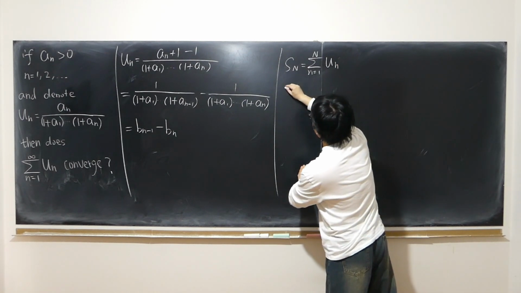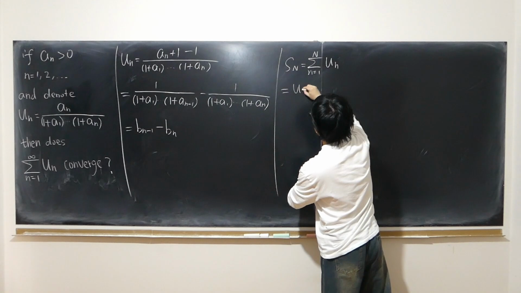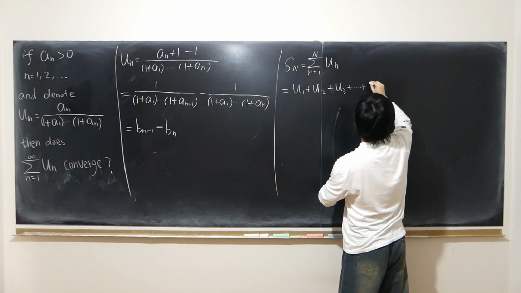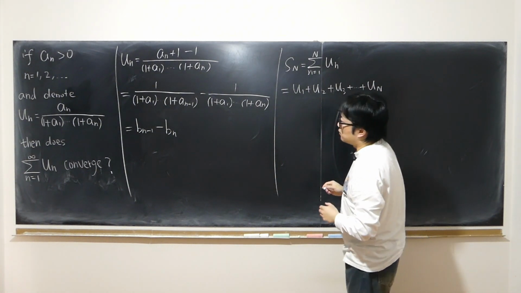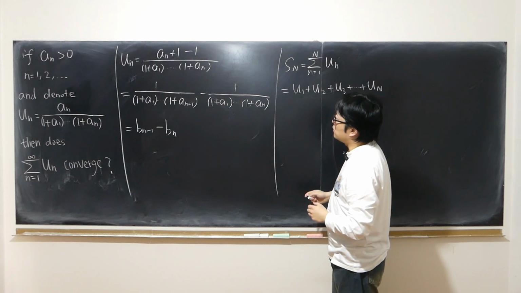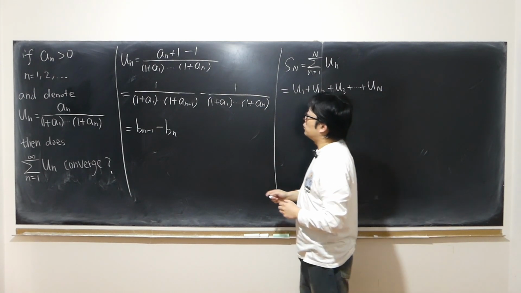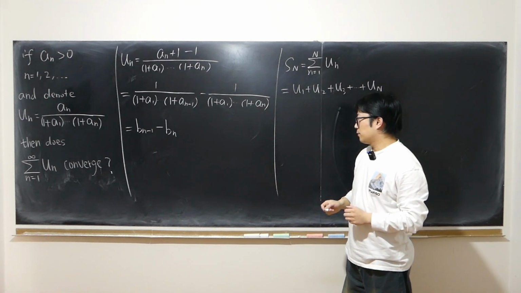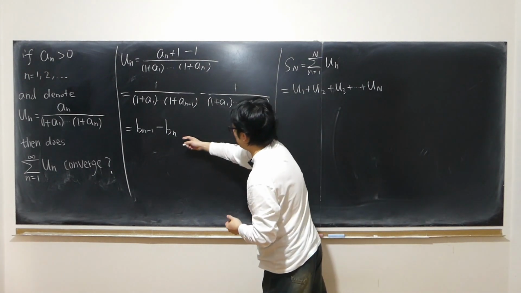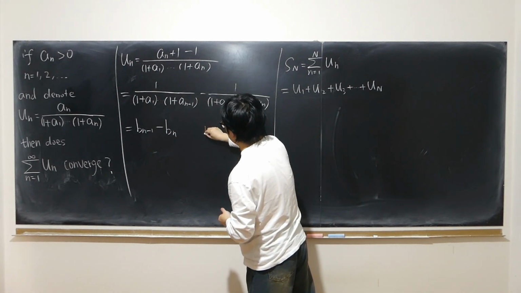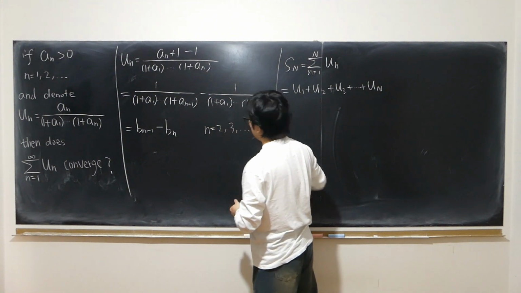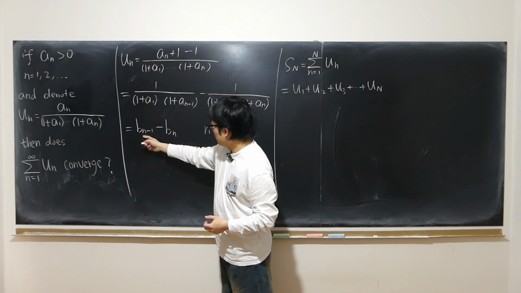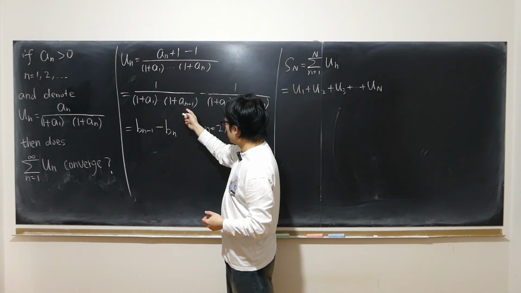When you write it down, it's equal to u_1 plus u_2 plus u_3 all the way up to u_N. So what is u_1? u_1 is equal to b_0 minus b_1. But what's b_0? Maybe n should start from 2 instead of starting from 1, because b_0 is meaningless. When n equals 1, what's a_0?